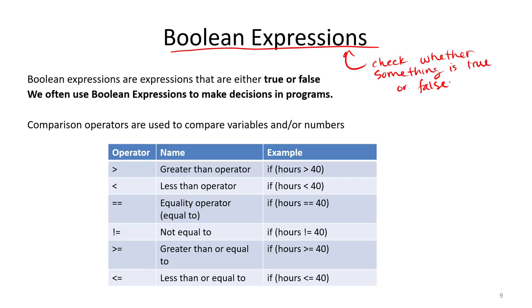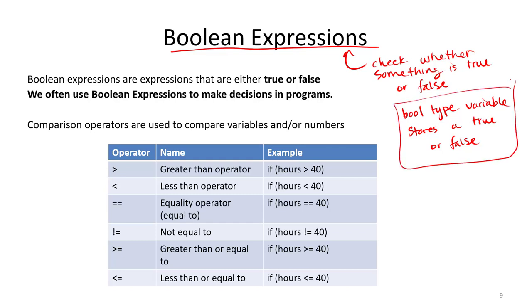You might remember the bool type variable. A bool type variable stores a true or false. Boolean expressions are expressions that will give a bool result, so they must be either true or false.